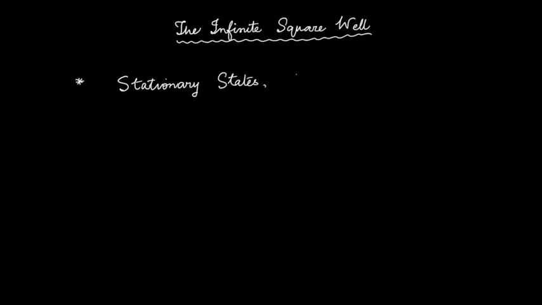Where the potential is only a function of x. It's not a function of time. And we said that the wave function in this case, and let me change my notation a little bit. Let me write this as capital psi, which is a function of x and t. This is just for convenience.